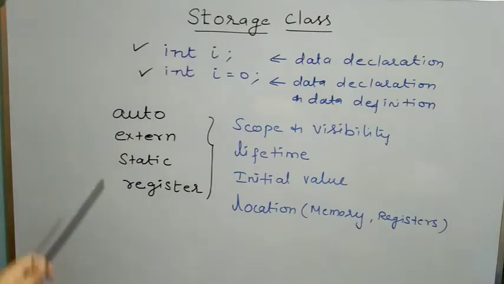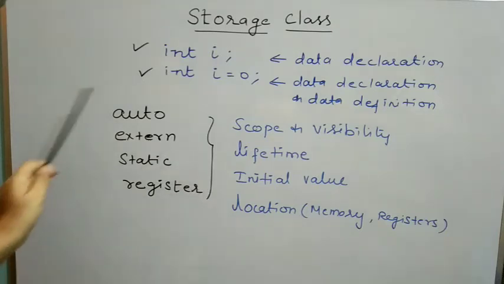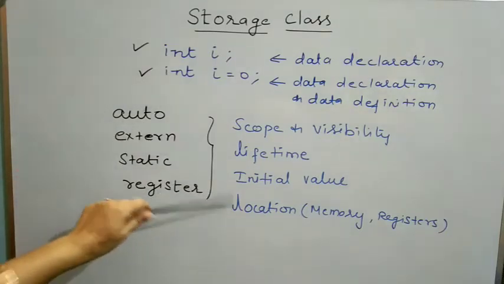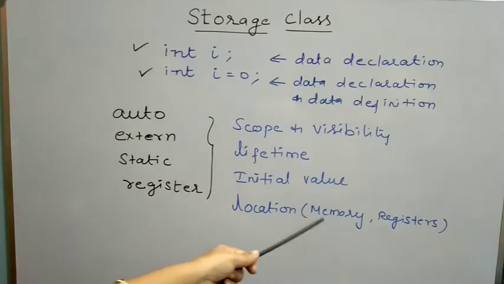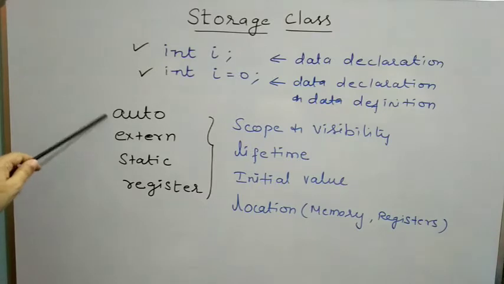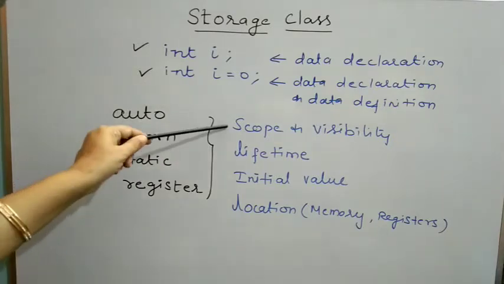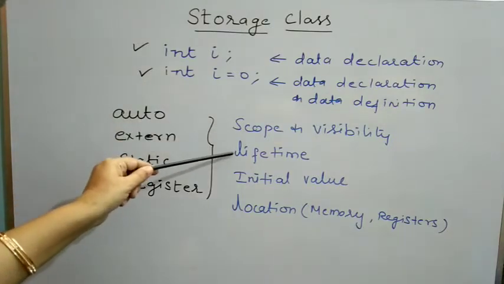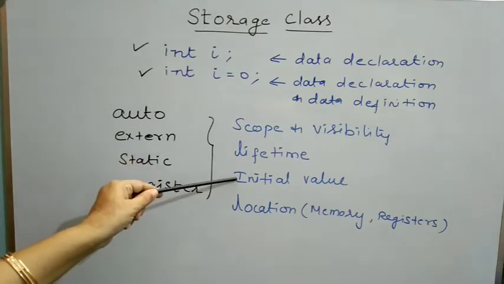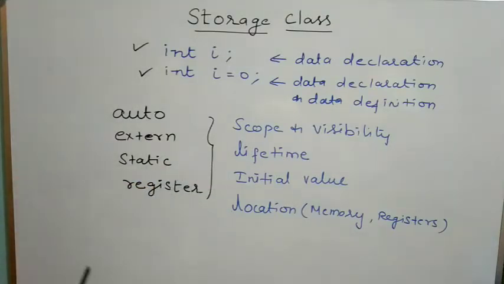Lifetime, how long I can access the variable. Initial value, what is the default initial value of the variable. And location, in which particular part of memory or in a register the variables are stored.